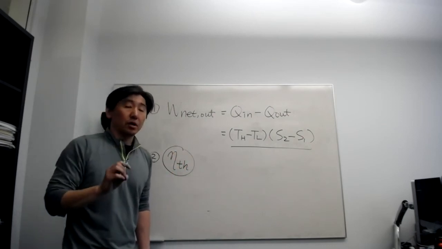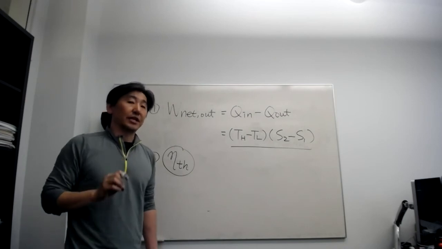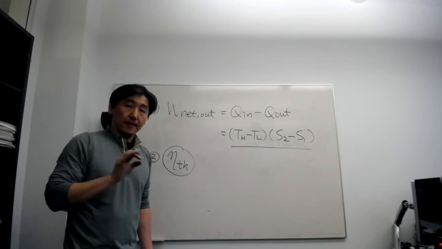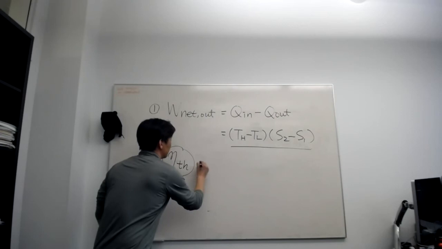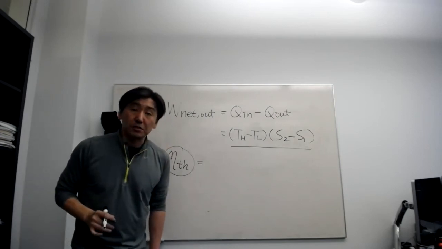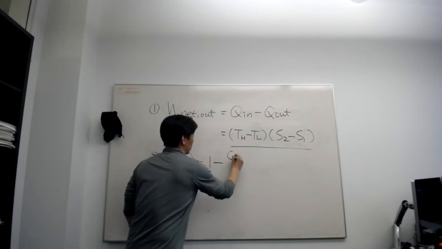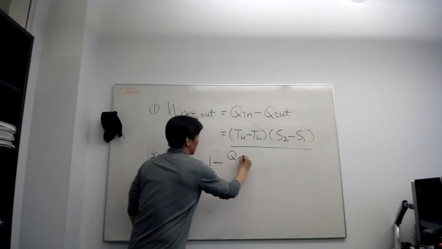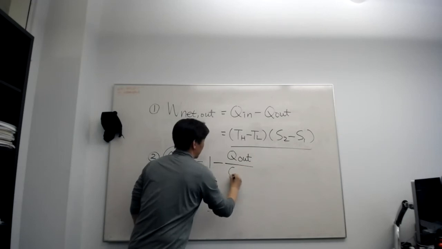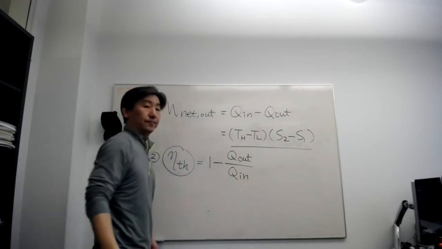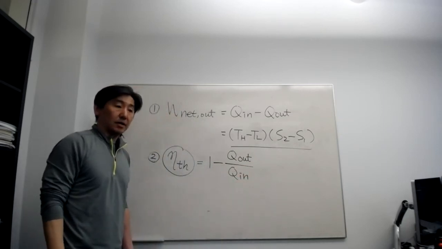Do you remember the definition of thermal efficiency of a heat engine? Let me write it down. Thermal efficiency of a heat engine can be written as 1 minus Q L out divided by Q in. Okay?